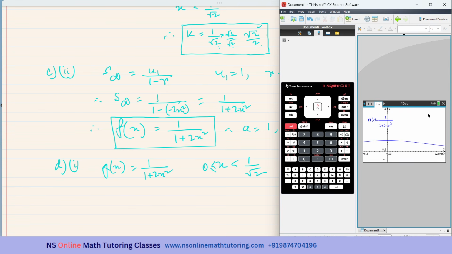That is the only change that I'm doing, and you can see that from 0 to this point, which is 0.707, which is 1 over root 2.